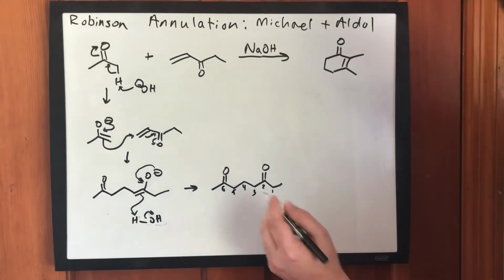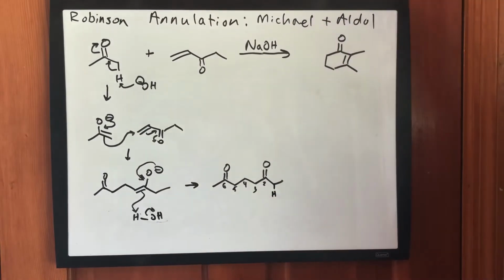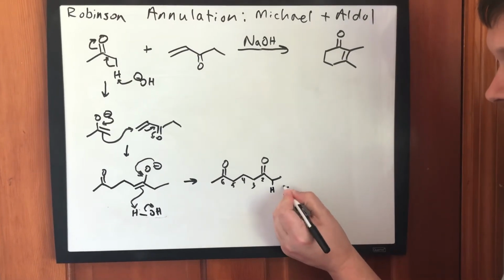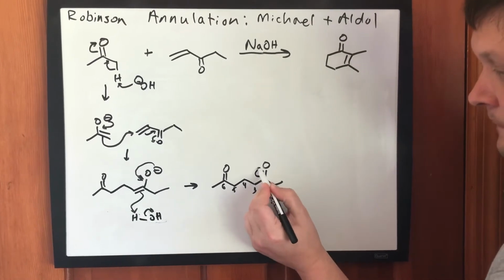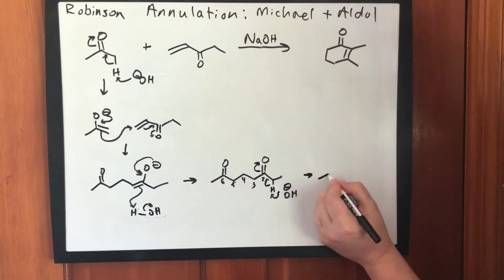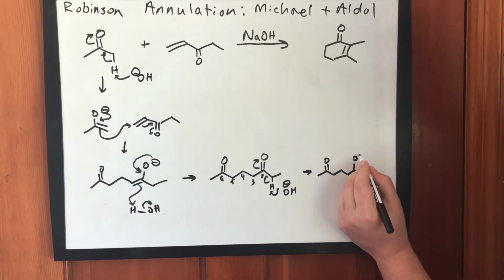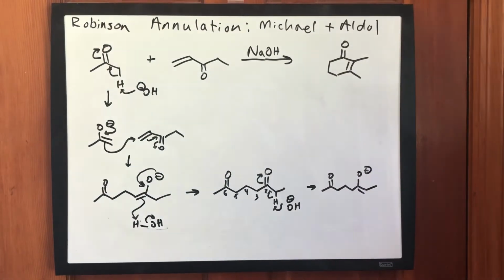And so what ends up happening next to finish out this reaction is that the other alpha hydrogen on the other side of the alpha-beta unsaturated substrate will be deprotonated to form an enolate. That will give us this product, where we've generated the enolate on the other side.